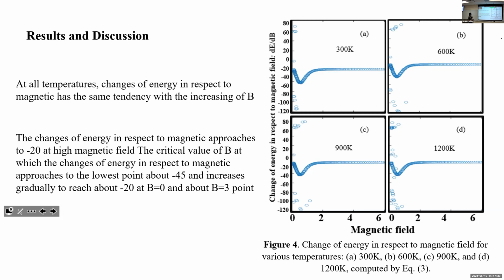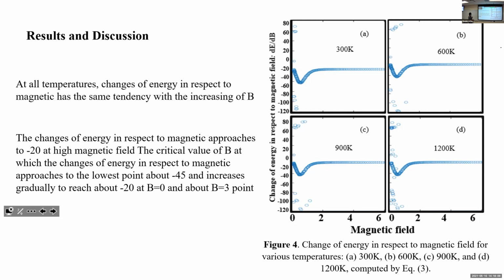It approaches minus 20 at a higher magnetic field, and at the critical value of magnetic field it approaches the lowest point, and increases gradually to reach minus 20 at 0.